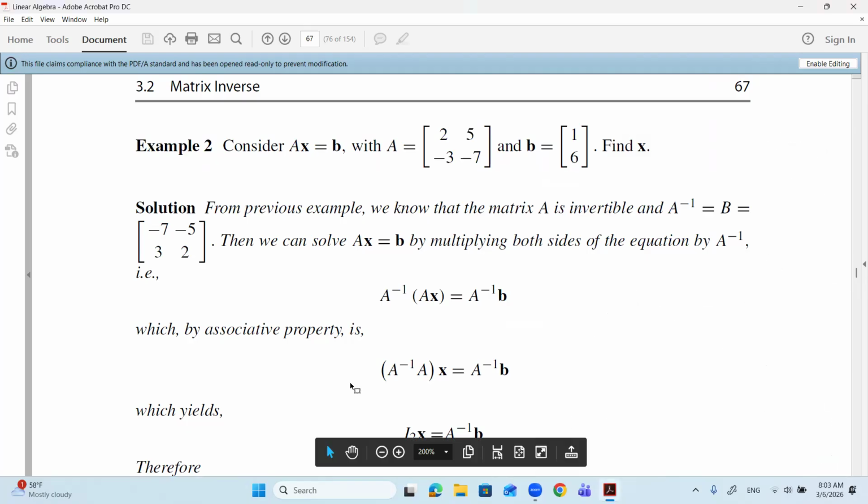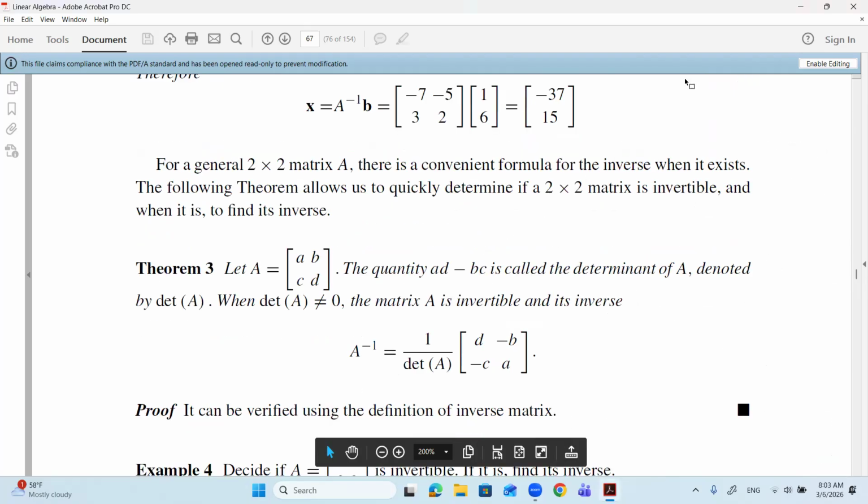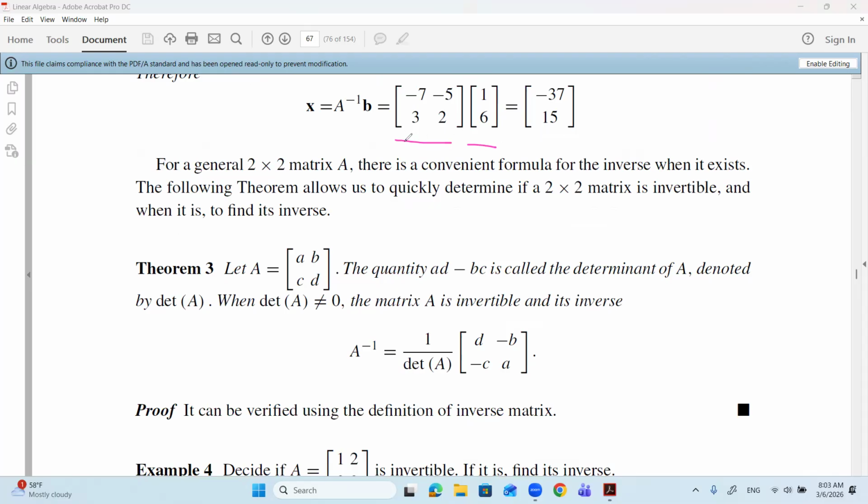Use that inverse, then we can show that X, which is the solution vector of the system, is A inverse times B. After we multiply A inverse by B, we get this. So that means x1 is -37, x2 is 15.